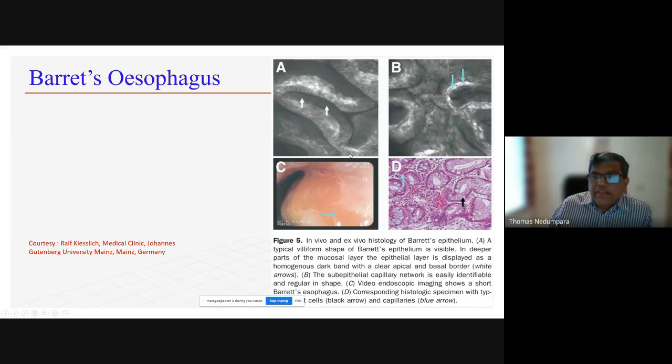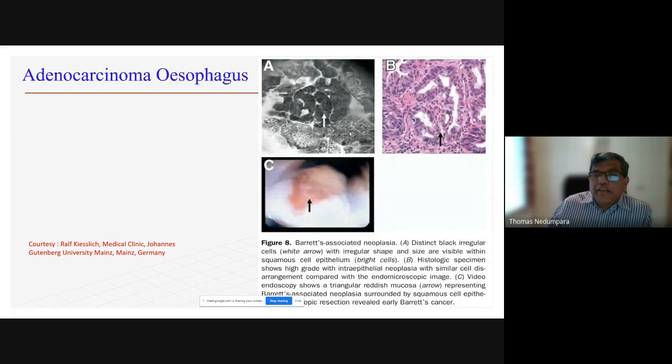And in the next picture, what happens when it changes into cancer? That organization is lost. The cells become very irregular, and there's a corresponding change in the lining. You can see the intestinal metaplasia or Barrett's esophagus has changed.